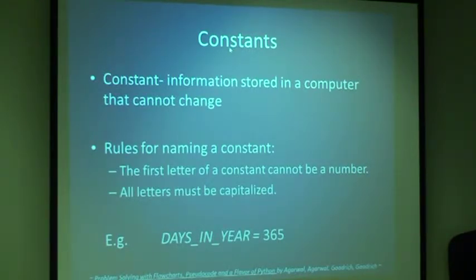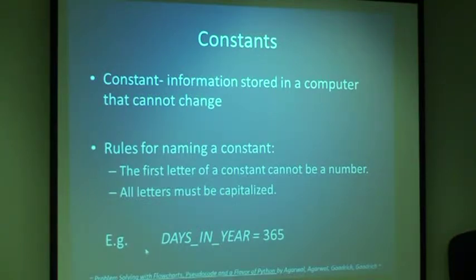Okay, constants. Let's take an example of this assignment statement. For constants, you usually just assign a value to the constant once in the program, not using input statements or anything, just an assignment statement like this. And use all capital letters, and therefore we use underscores to separate the words and make it more readable.